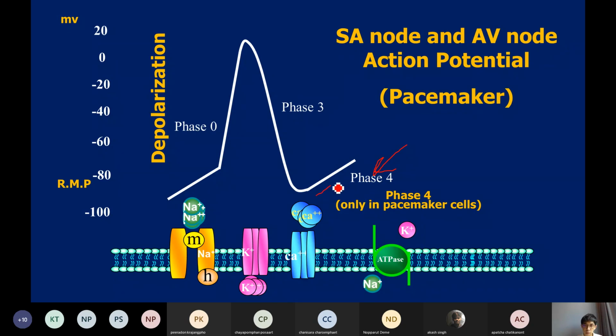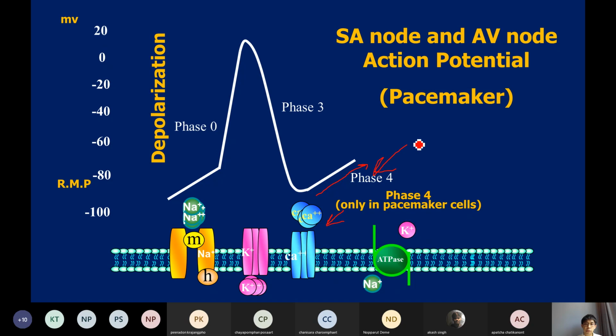The steeper phase 4 slope makes it easier to trigger depolarization, and this leads to the automaticity of the pacemaker cells. Also, phase 4 of the pacemaker cell is triggered by the inflow of calcium, not sodium like the non-pacemaker cells.